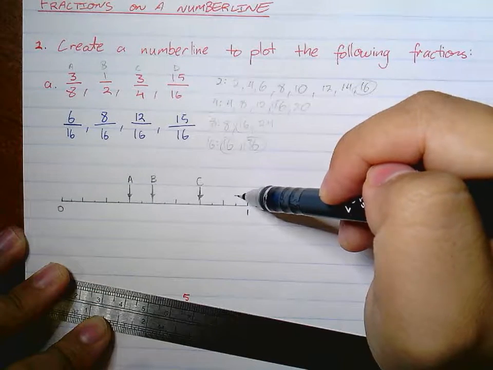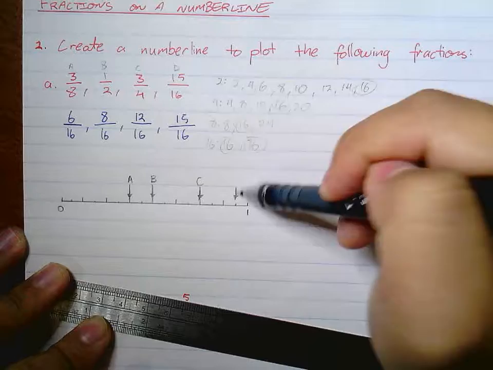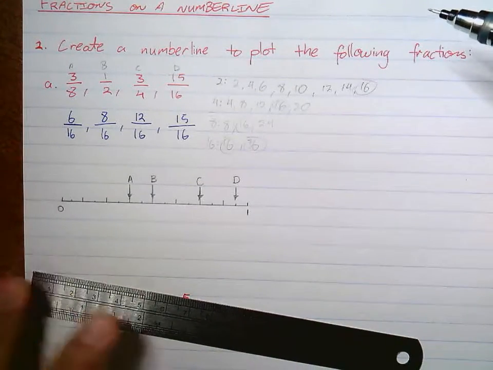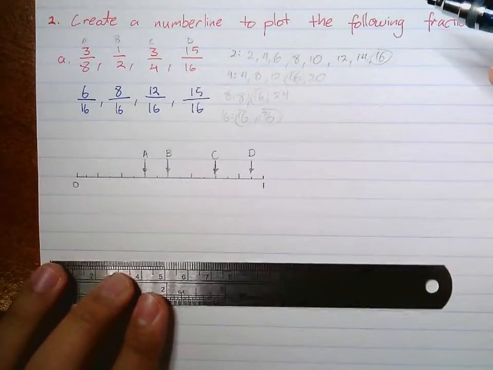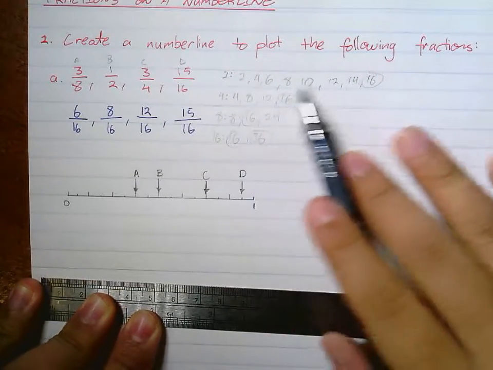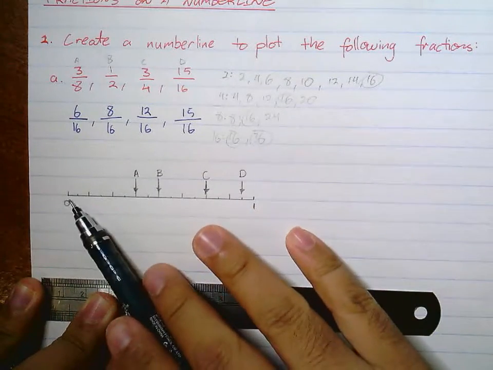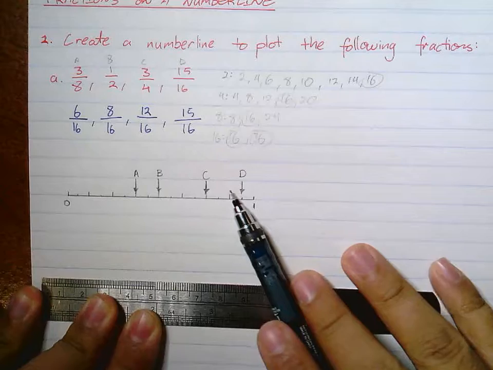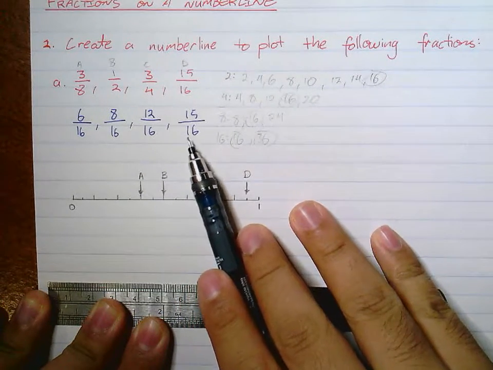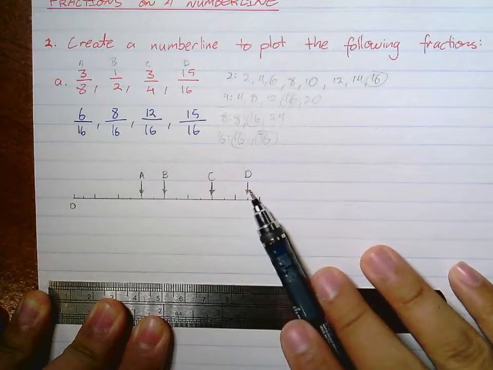So that point is 1 space from the end. That is point D. So that is how you put numbers onto a number line. We must first find a common denominator, then determine the intervals between 0 and 1. In this case, since our lowest common multiple was 16, we needed 16 spaces.